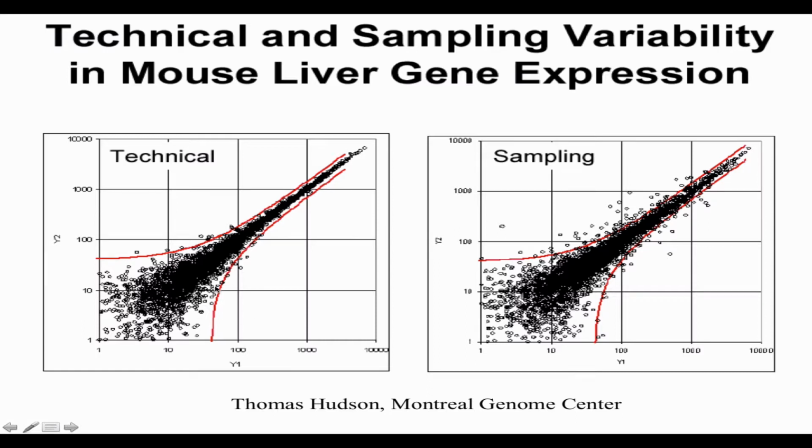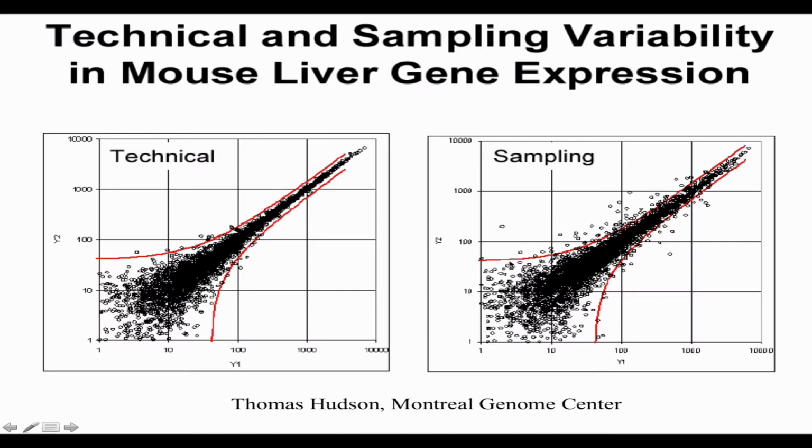And now we see what's more of a classic volcano plot, meaning more of the variability is at the very low levels. And these are the twofold window, twofold up and twofold down. So we would want to ignore anything inside of these red lines.